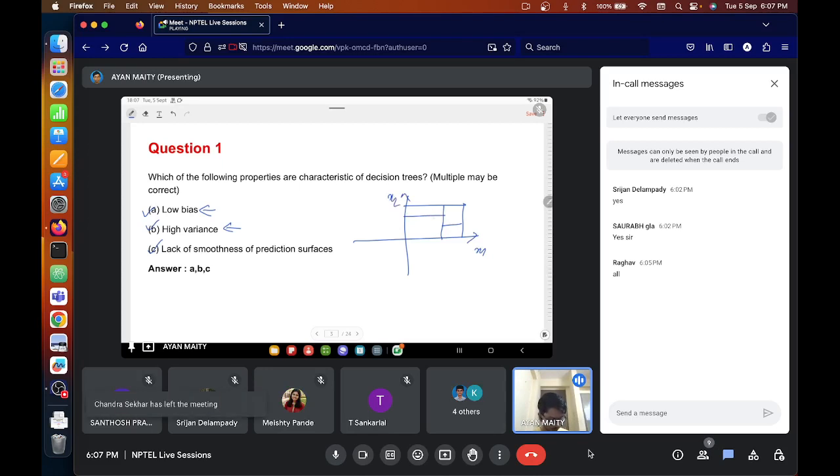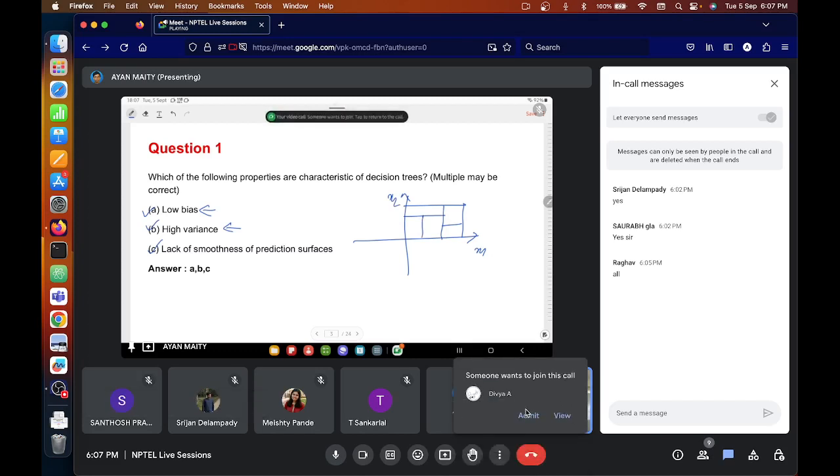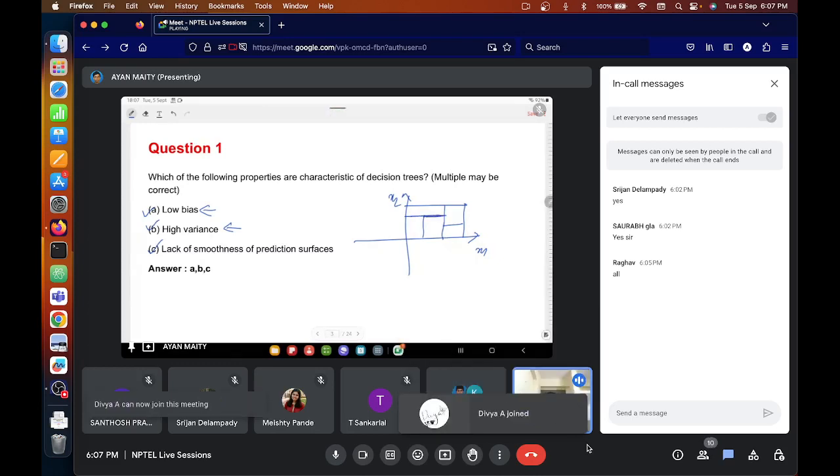We divide this feature space into rectangular blocks or regions, and these are the decision surfaces or decision boundaries. So the prediction surface is not smooth at all. Once you cross a decision boundary, you go to a new region and the value drastically changes, even for a regression tree and also for a classification tree. So lack of smoothness of prediction surfaces is also a correct answer. So A, B, C, all three options are correct here.